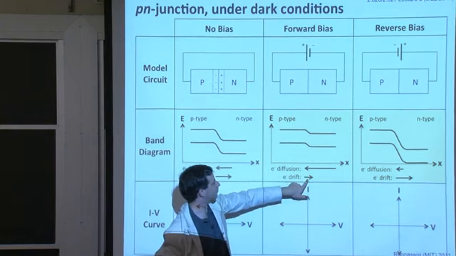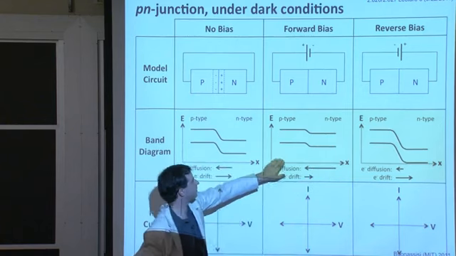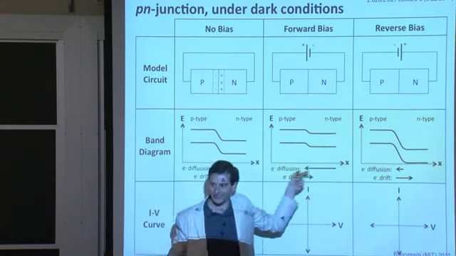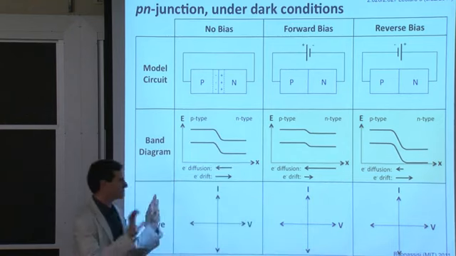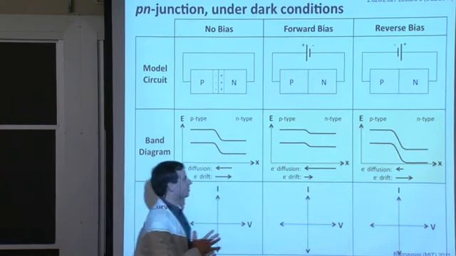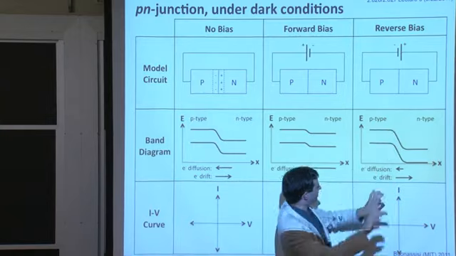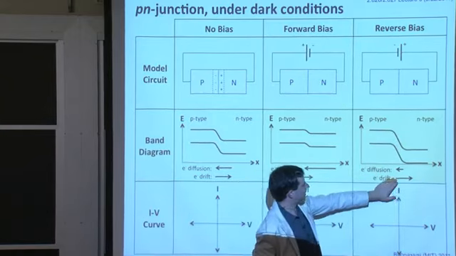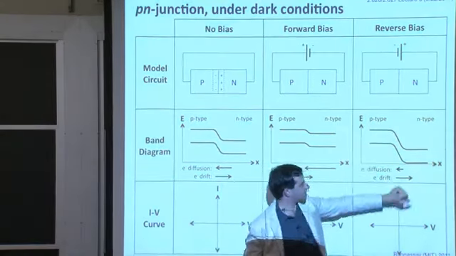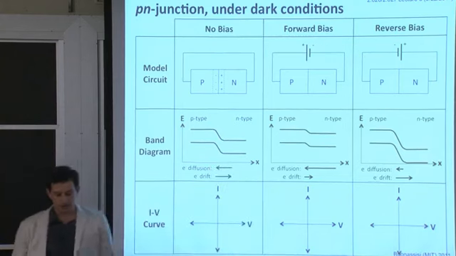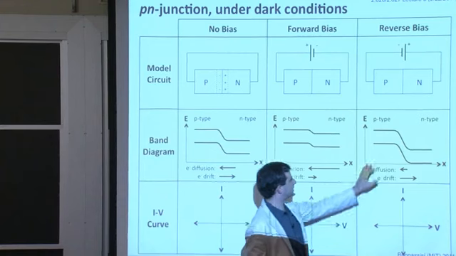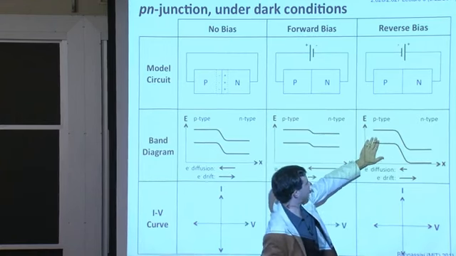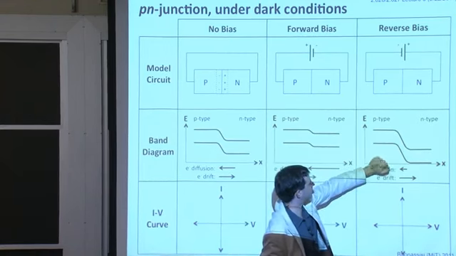If you add them together, you have a net electron flow in that direction, which means you have a net current flow, as defined by the flow of positive charges, in the other direction. A lot of definitions to keep straight. Whereas under reverse bias here, you're shifting the bands like so. The drift current, because you have the large electric field, will be increased, but only slightly, because there's a limited number of carriers here that you can pull from the p-type material.